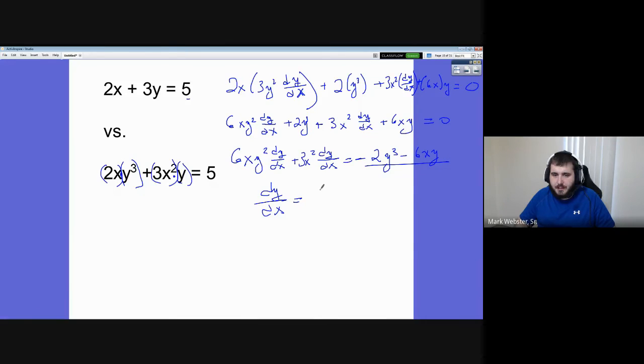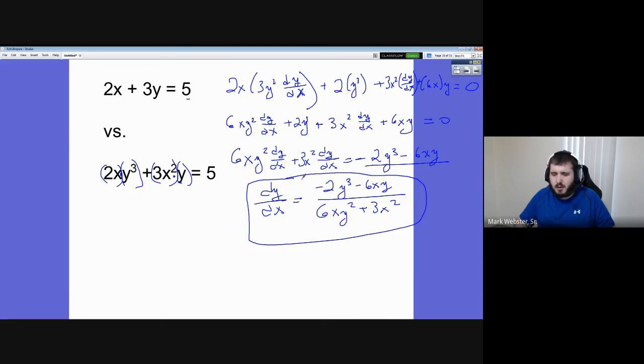This is in the denominator. And what I've done is I have found my derivative.